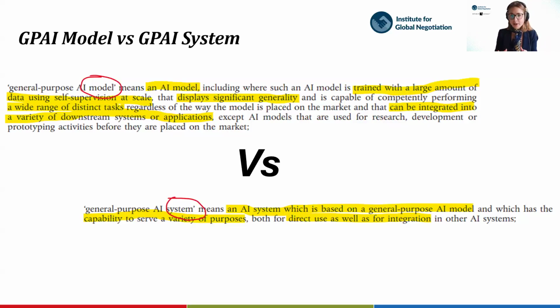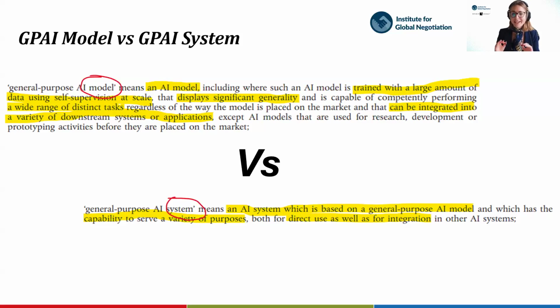What is the difference between a model and a system? Great question. It took me a while to figure it out with these particular two definitions in the text of the law. But the idea is essentially that a model is not yet a commercial ready-to-use product. So you have a model that's trained with a large amount of data, and that displays significant generality and can be integrated into downstream systems or applications, but can't be used as is.